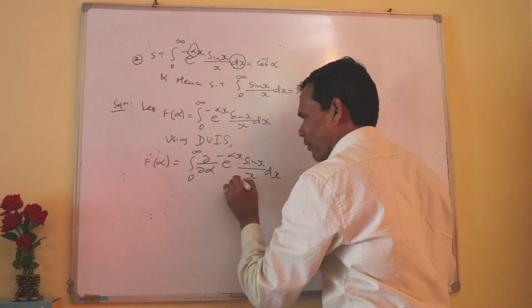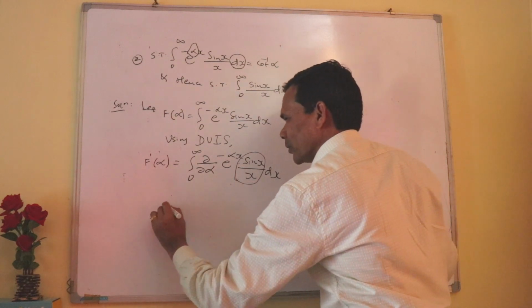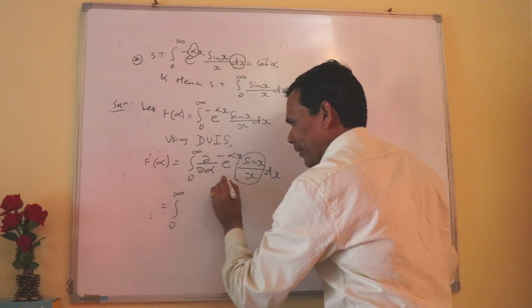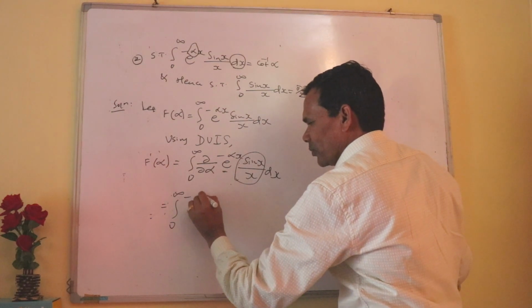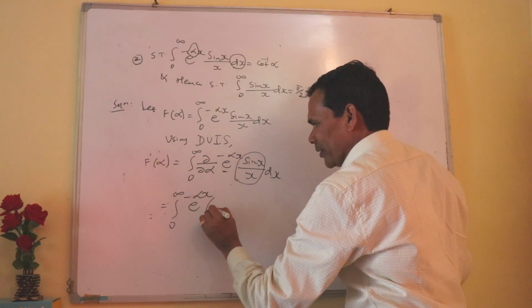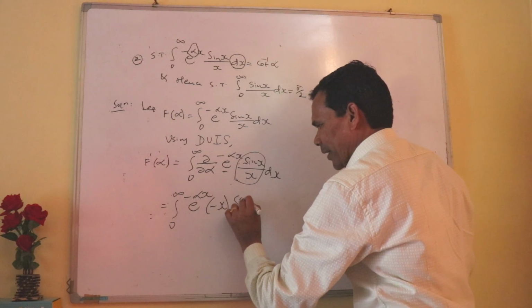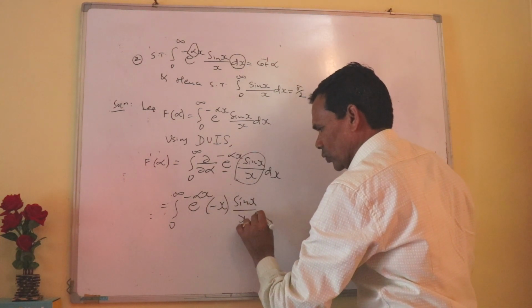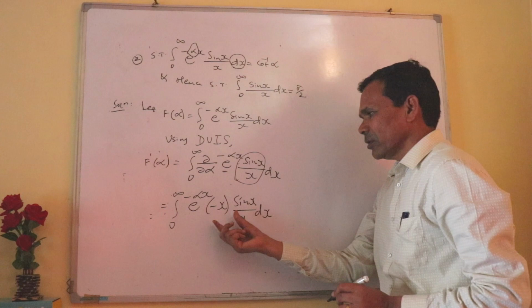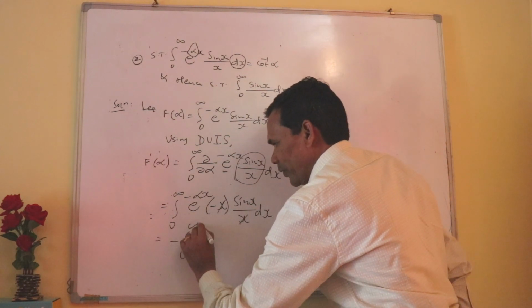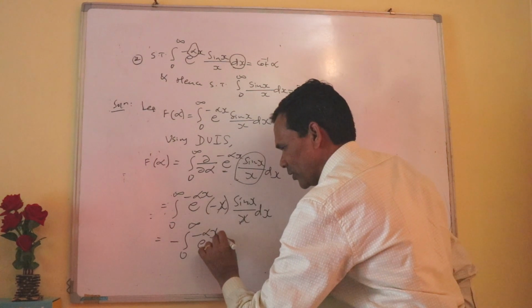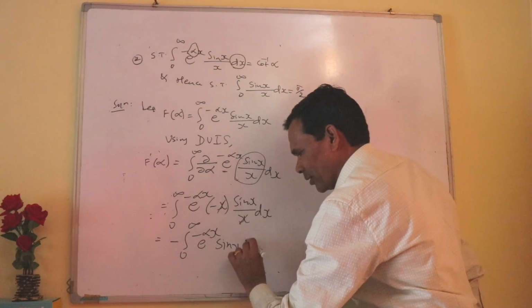So with respect to alpha, the limits 0 to infinity are constant. The derivative of this with respect to alpha is minus x sin x upon x dx. X cancels, and you get minus integral 0 to infinity e raised to minus alpha x into sin x dx.